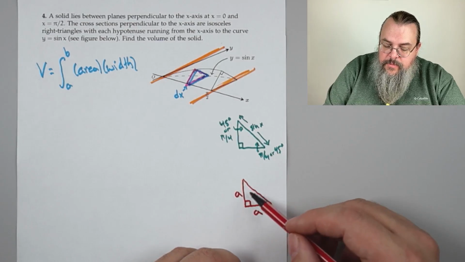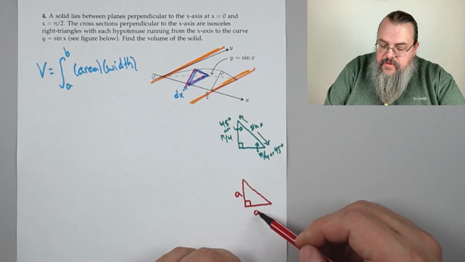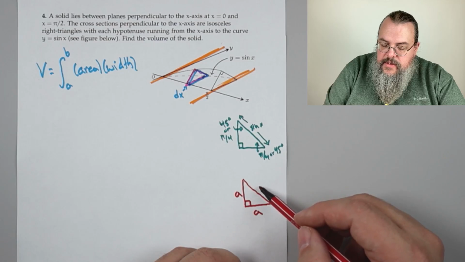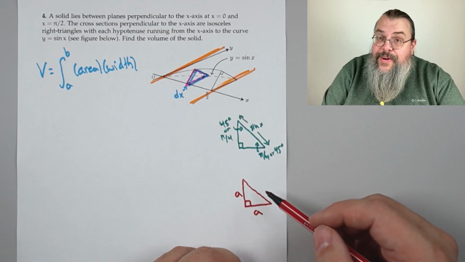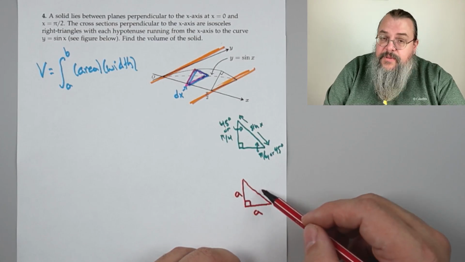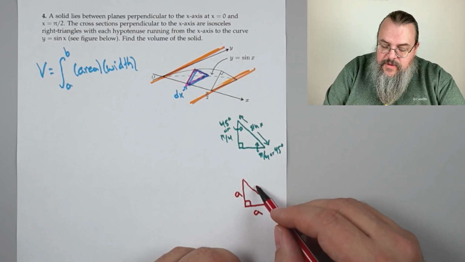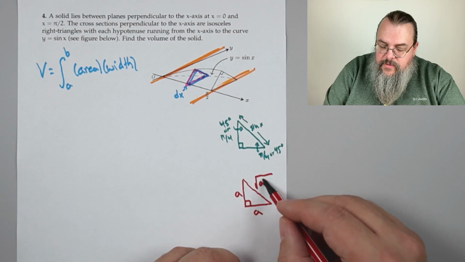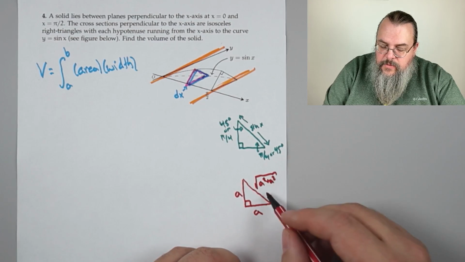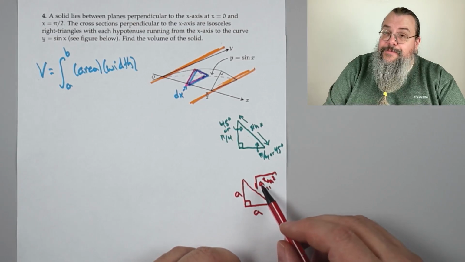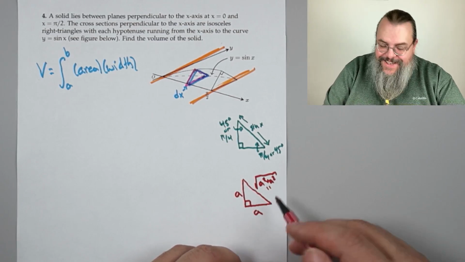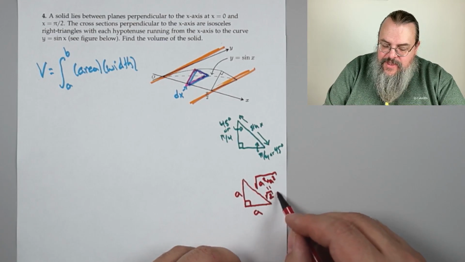Well, this length will be a squared plus a squared, and then take the square root. Pythagorean theorem, right? This squared plus that squared equals that squared. So this has to be the square root of a squared plus a squared, which turns out to be the square root of 2 times a.